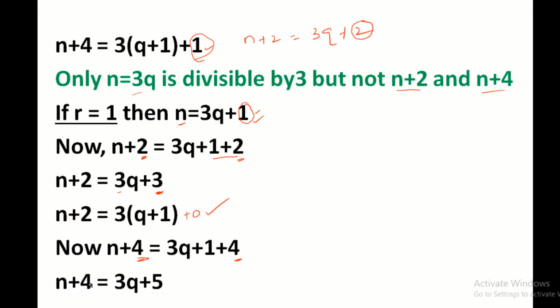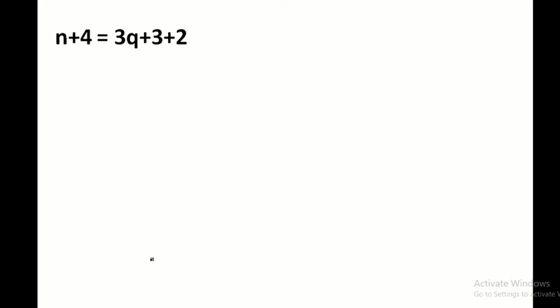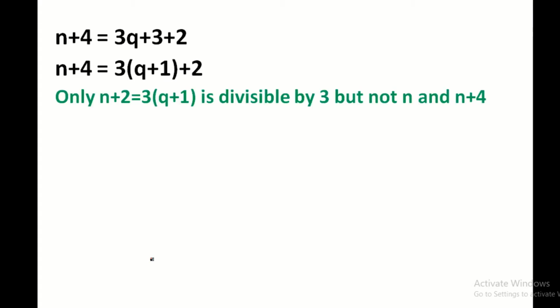Similarly, n plus 4 also has a remainder 5, or even we can rewrite it as 3 plus 2, and by taking 3 as common, n plus 4 is having a remainder 2 here. So n plus 2 is the only number divisible by 3. So in this case, where r is equal to 1, n and n plus 4 are not divisible.